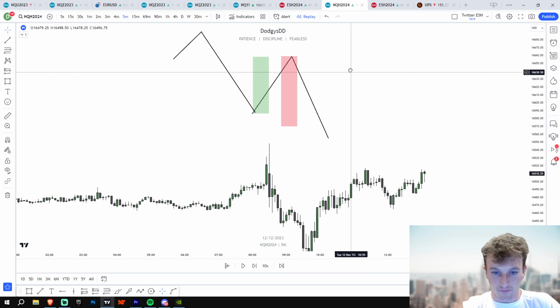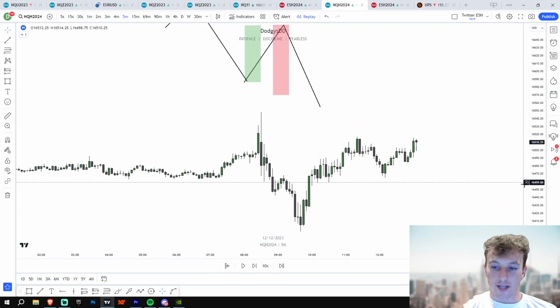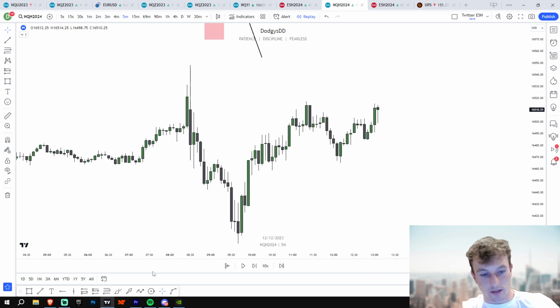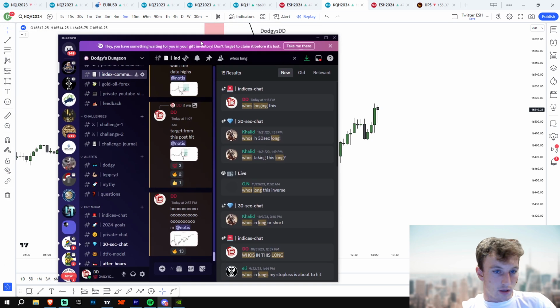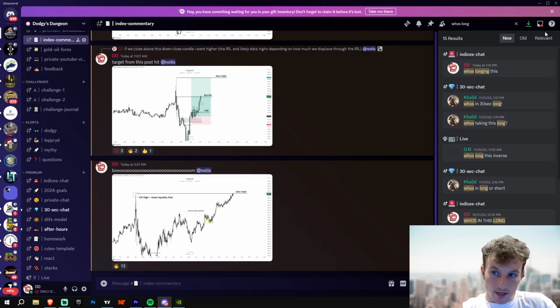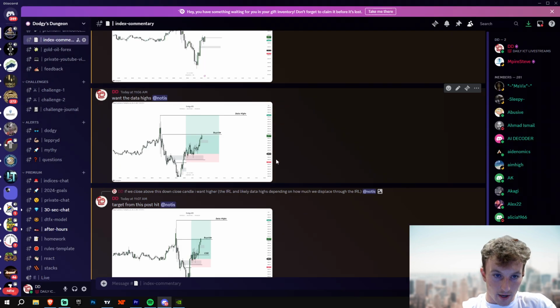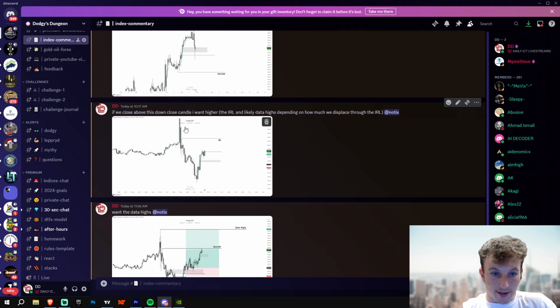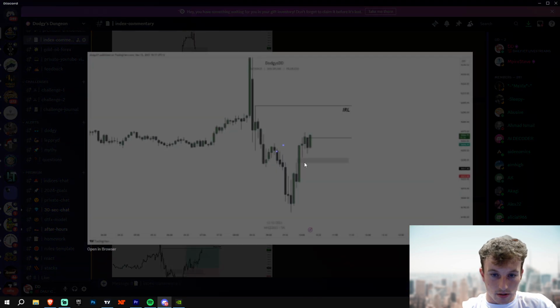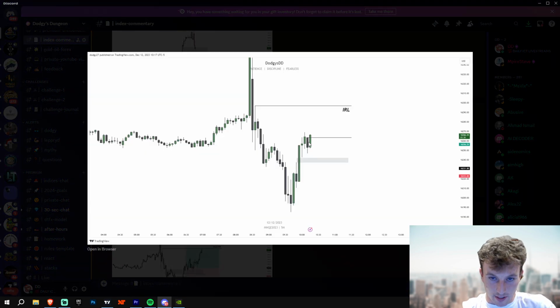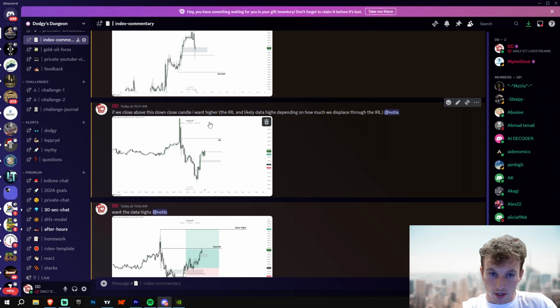So in today's example, if we look at my index commentary, I basically said earlier, if we close above this down close candle, which was this red candle here, which you can see closes in 2 minutes 30 seconds, I want higher.